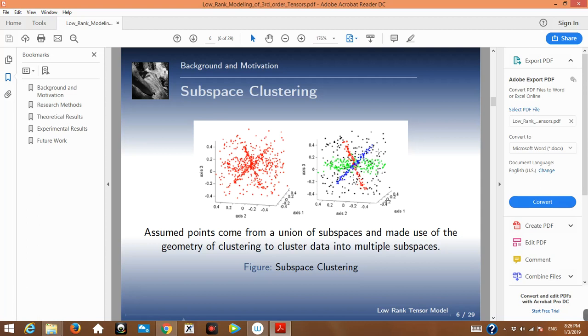However, subspace clustering makes use of the geometry of the data set and clusters those data into different subspaces.